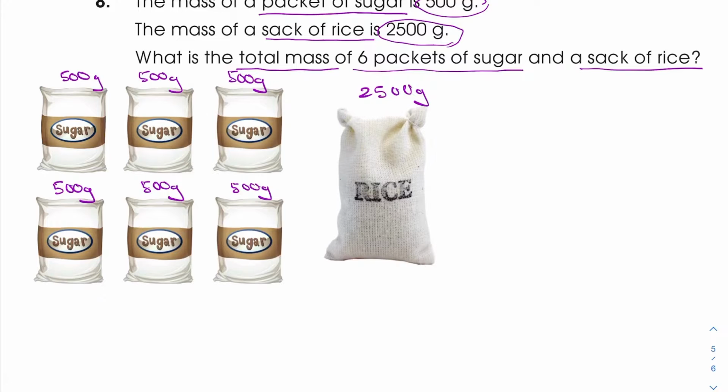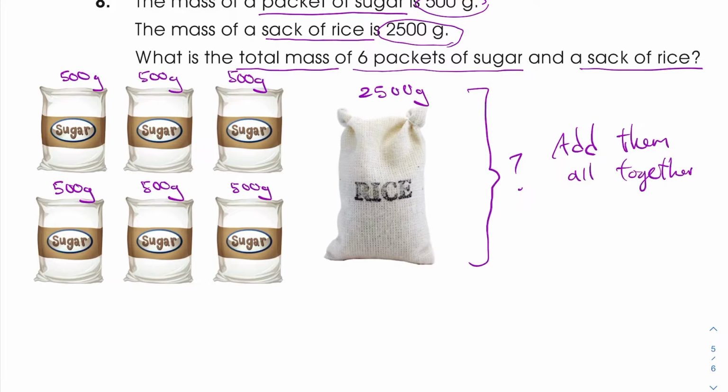And so if I want to find the total mass, what do you think I should do? Yes, I should add them all together. So there are 6 packets of sugar. So 500 times 6 will give me 3,000 grams. So altogether, the sugar is 3,000 grams.